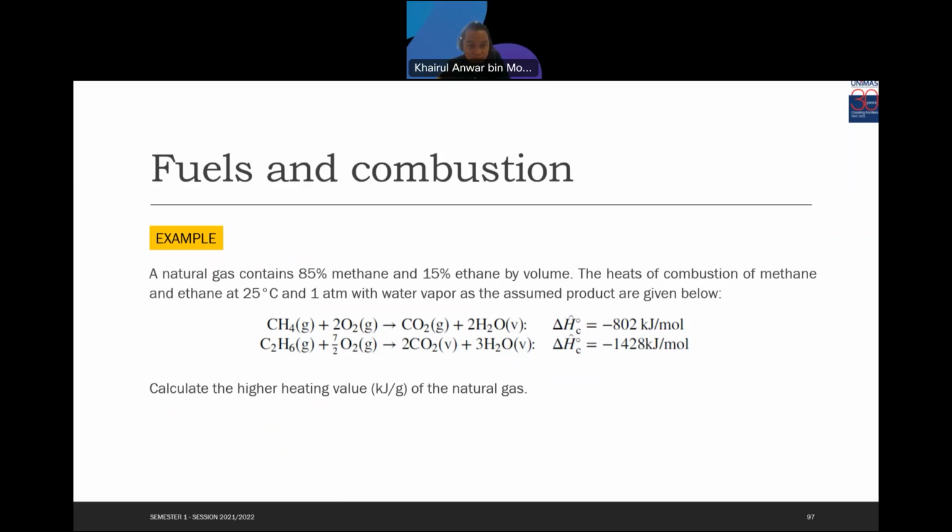The second reaction is C2H6 gas plus 3.5 O2 gas equals 2 CO2 plus 3 H2O vapor. Calculate the higher heating value, kilojoule per gram, of the natural gas.